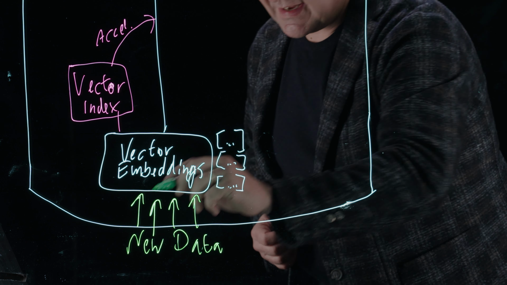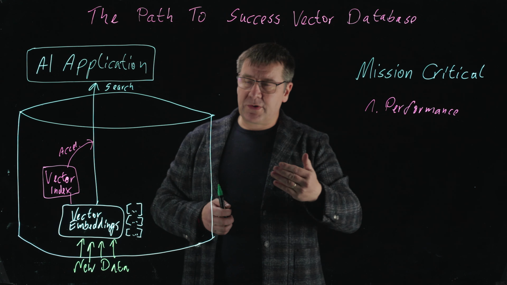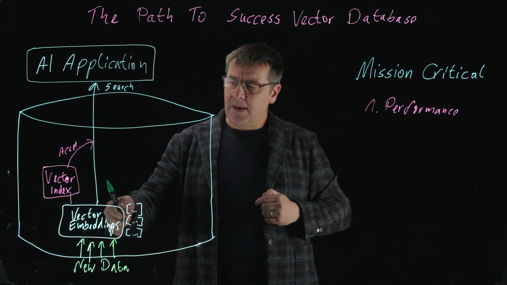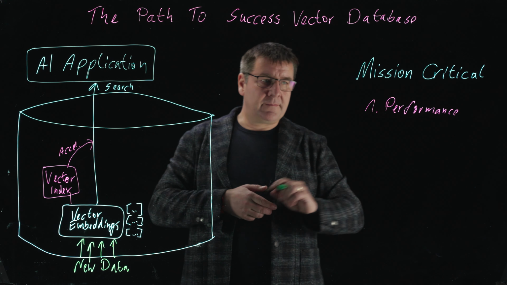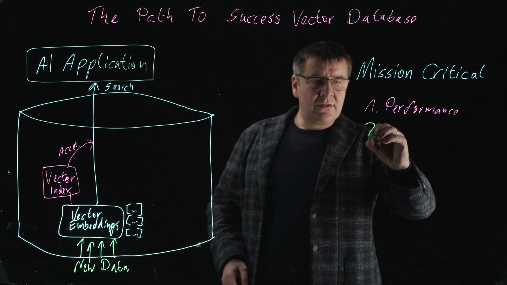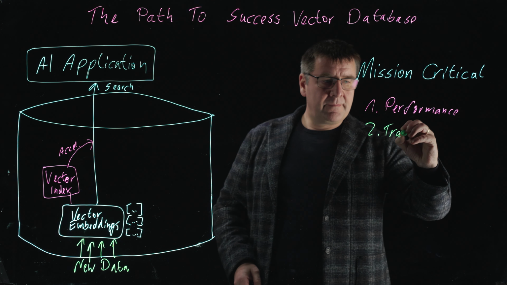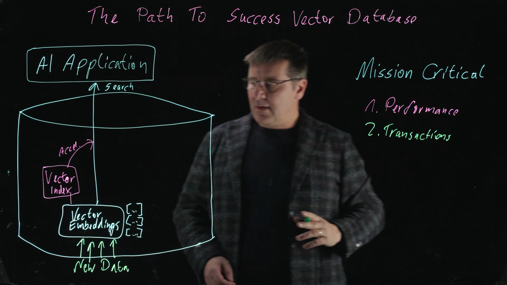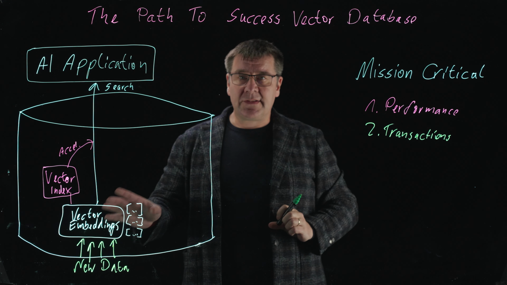And if this is dynamic data that is produced in real time, you have a constant real-time flow of new vector embeddings coming in. So we're talking about actual transactions in vector data. That's an important thing that a vector database needs to support.